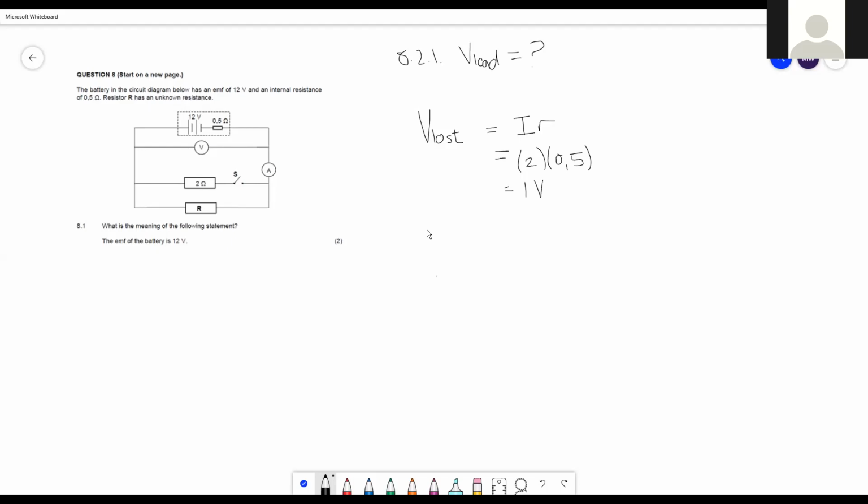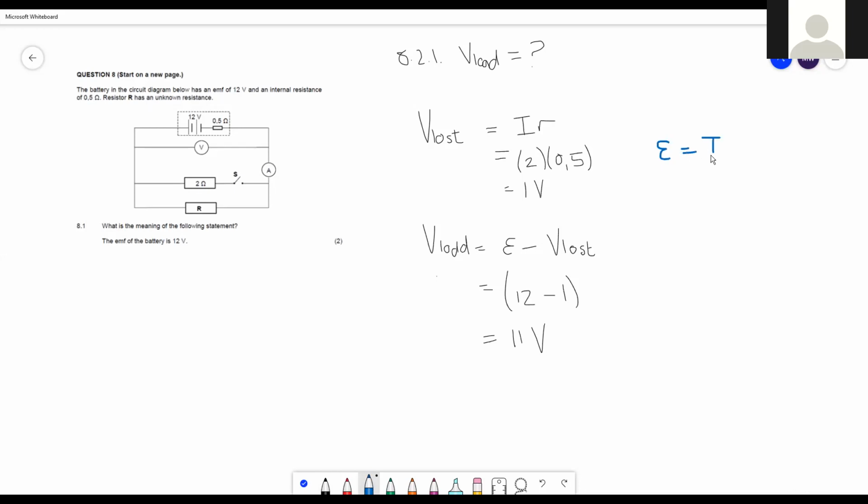And then we can use the formula V load is equal to EMF minus V lost, which is equal to 12 minus 1. So our answer is 11 volts. That's our final answer. Okay, you could have just used this formula as well.